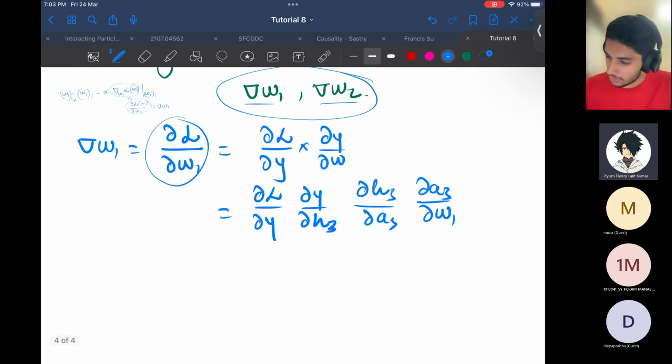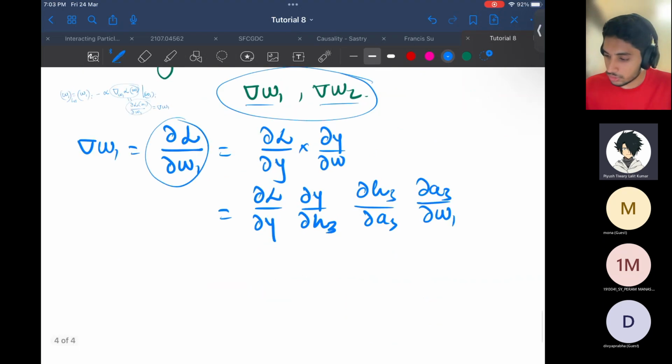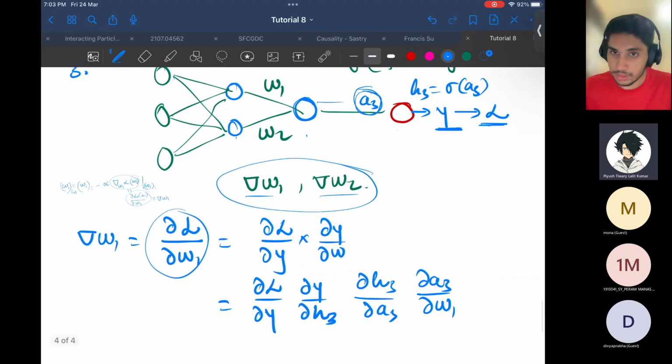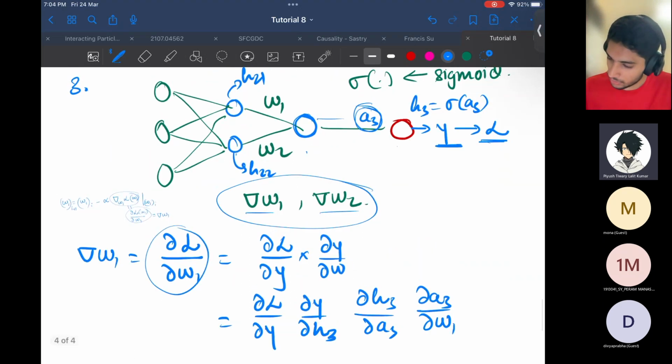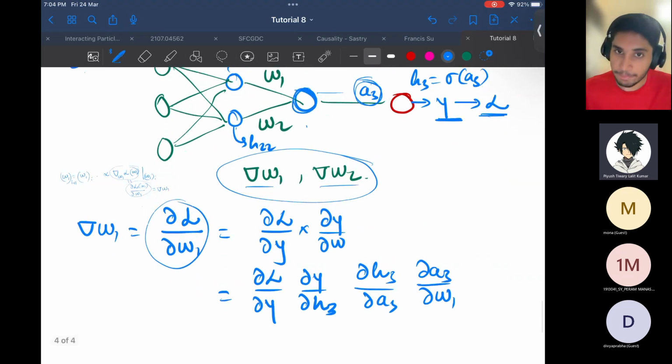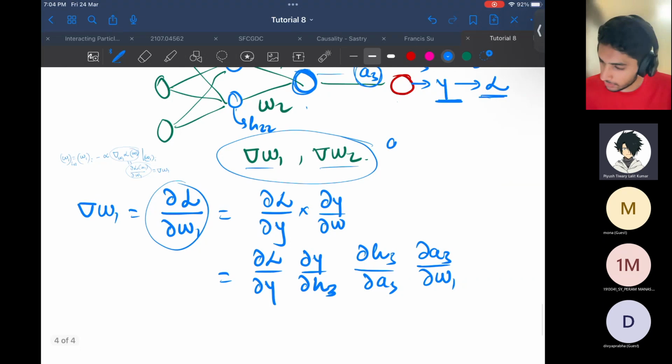Okay, now A3 is the output of this particular neuron. If this value is some H21 and this is some H22, what will be the output of this thing? I am just writing the value of A3.